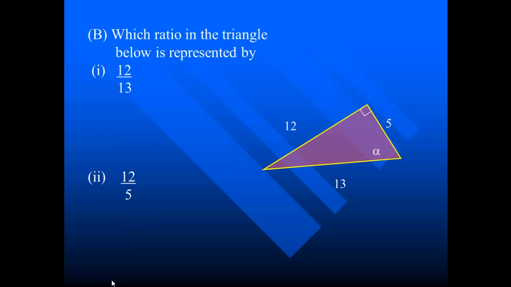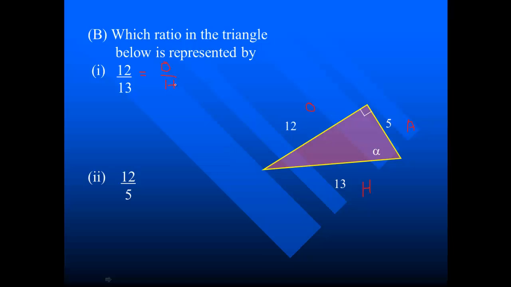Now we're going to work backwards. Which ratio in the triangle below is represented by these fractions given? Again, my first step: hypotenuse, opposite, adjacent. 12 over 13. 12 is my opposite side and 13 is my hypotenuse.